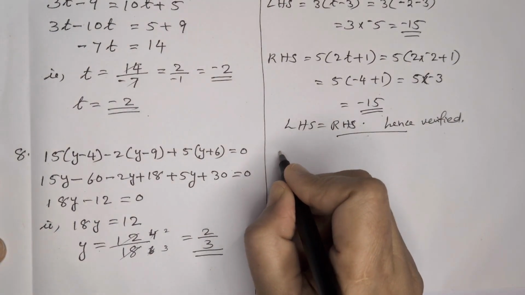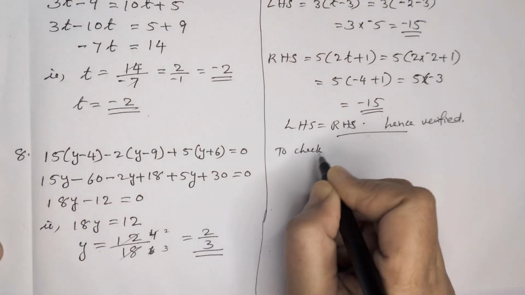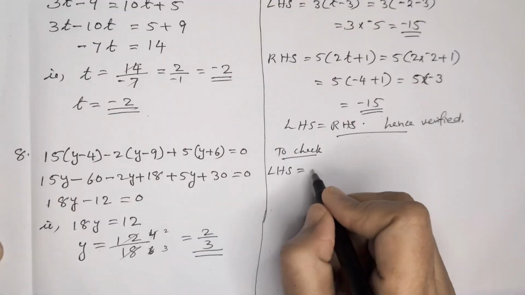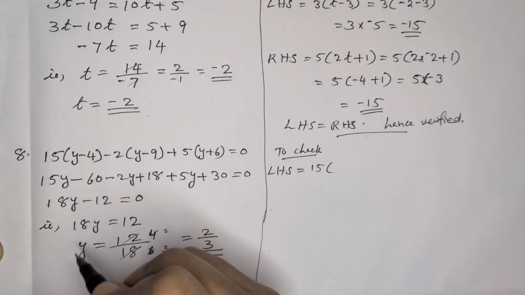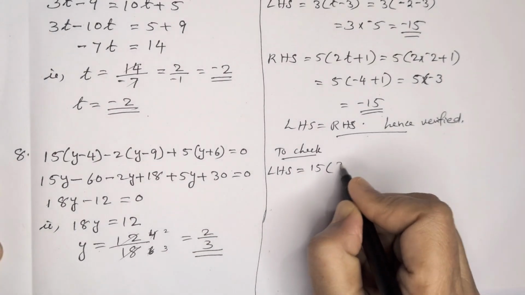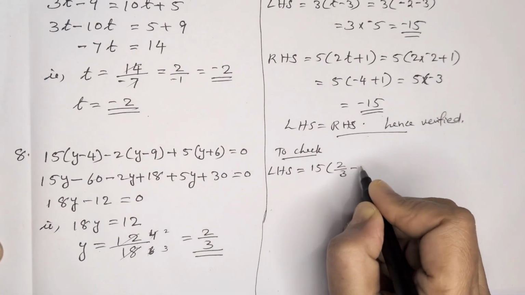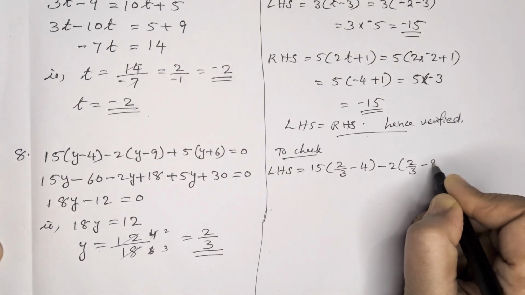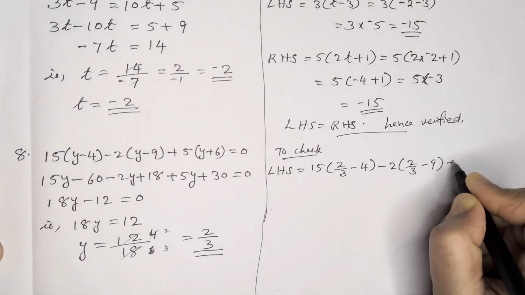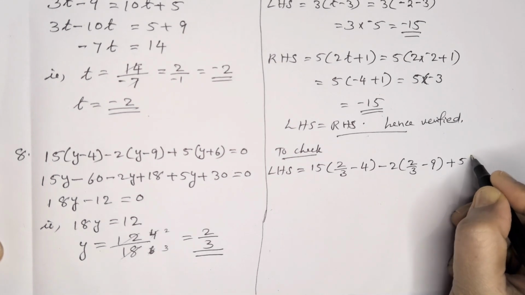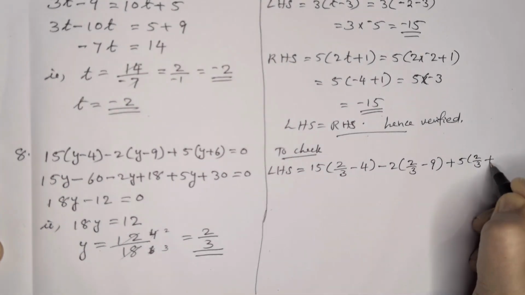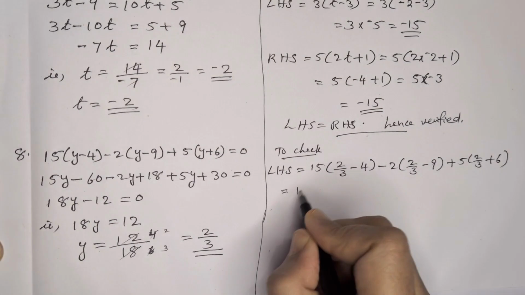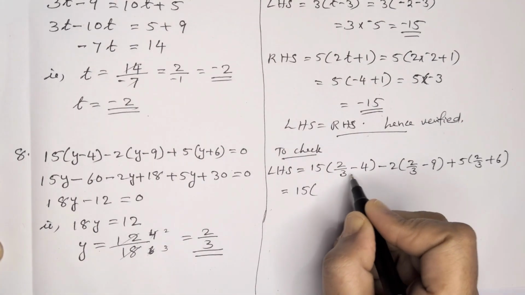Now to check. LHS is equal to 15 into, in place of y we can put 2 by 3: 2 by 3 minus 4, minus 2 into 2 by 3 minus 9, plus 5 into 2 by 3 plus 6, which is equal to 15 into, taking 3 as the LCM.